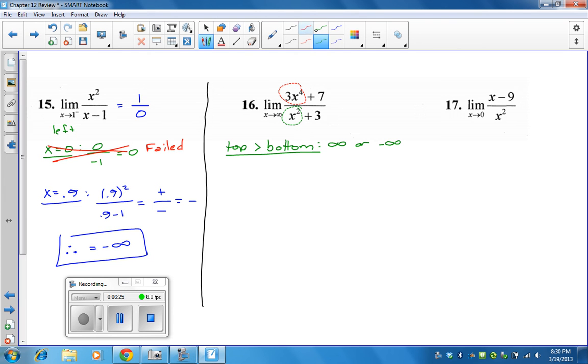So when I plug in a huge positive number, I have 3 times infinity to the 4th over infinity squared. And when you look at that, 3 times a huge number to the 4th, that's positive. A huge number squared is also positive, and a positive divided by positive is positive. Therefore, this answer is positive infinity.